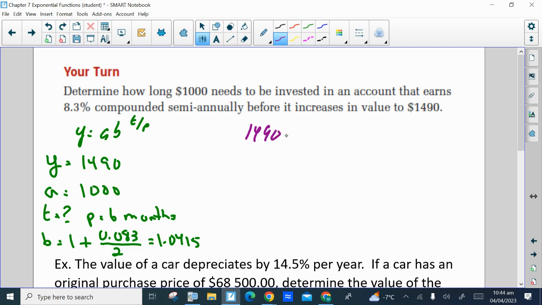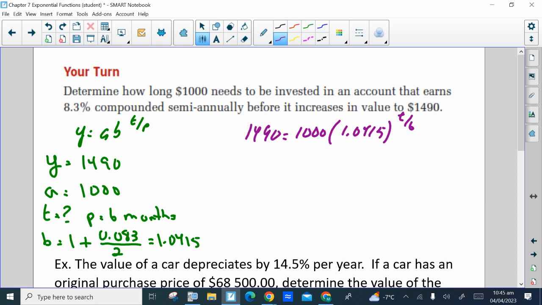The amount at the end is 1490. That equals the amount at the beginning, which is 1,000, times our base, 1.0415. That's always our growth rate, to the power t over 6. The growth period is every 6 months.